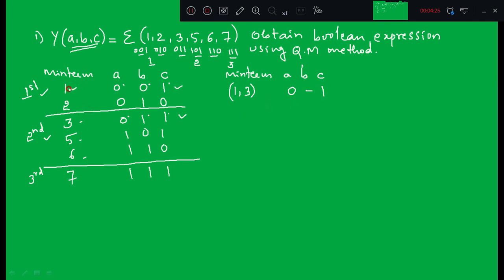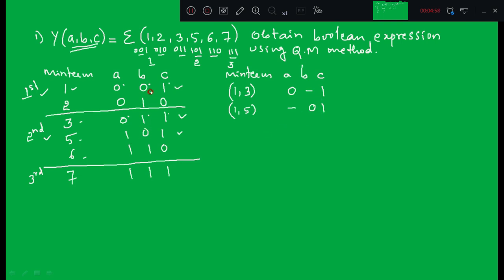Similarly, we will compare this one with all three minterms, 3, 5, and 6. So 1 and 5, can I compare? Before you put a tick mark, first check whether they differ by only 1 bit or not. If they do, then only you put a check mark and write the minterms here. For 1 and 5, they differ by 1 bit because A differs, so dash, 0, and 1.